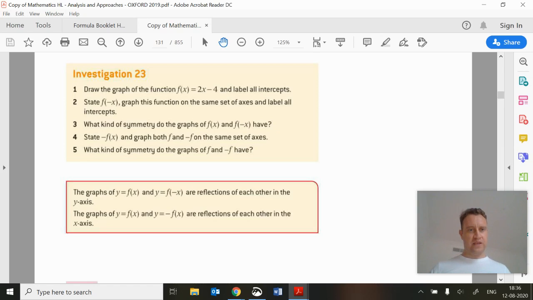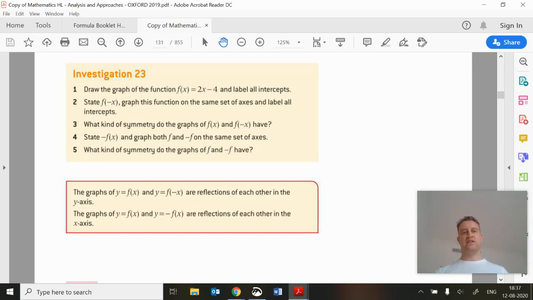Now, the reflection in the y-axis is made by replacing all of your x's with minus x. So it's just switching your x-axis around. It's reflecting about the y-axis. That's this first little comment in the box.